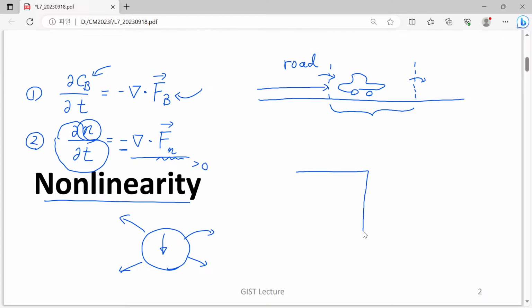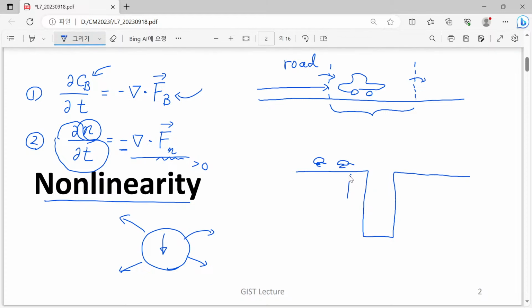There is a trap for LEDs. So there are LEDs and they are moving, and there is a shallow trap. We want to capture as many LEDs as possible, and they are moving, and we want to know how many LEDs are captured in this trap system.